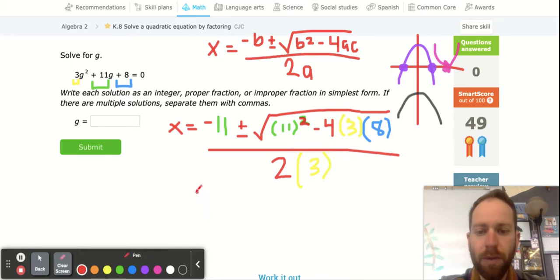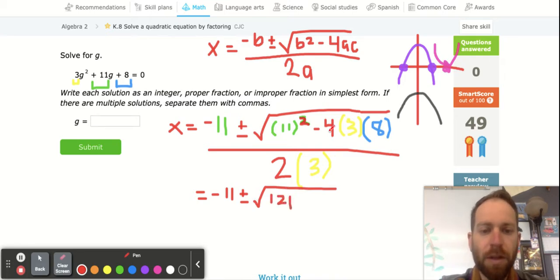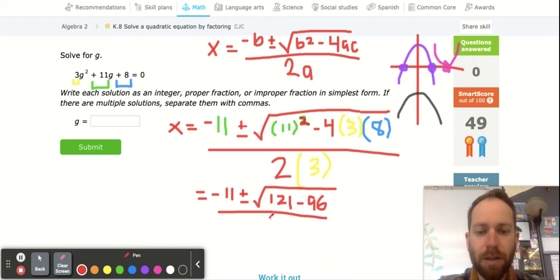Let's go ahead and simplify this now. So we have negative 11 plus or minus the square root of 121, that's 11 times itself, minus, let's see, 4 times 3 is 12, 12 times 8 is 96, all divided by 6, 2 times 3.